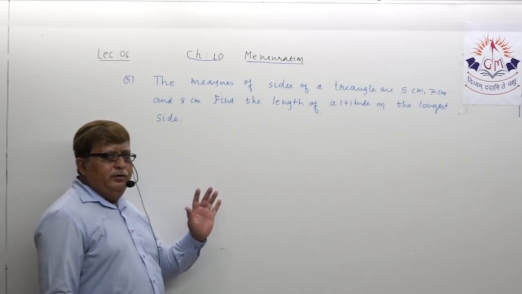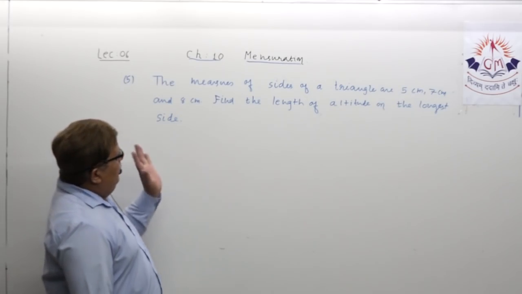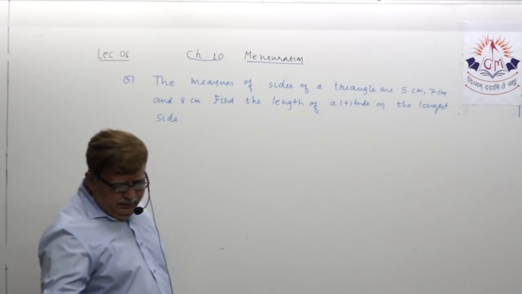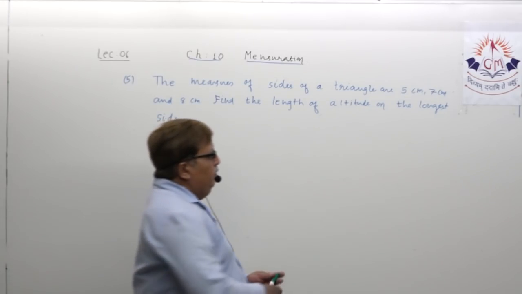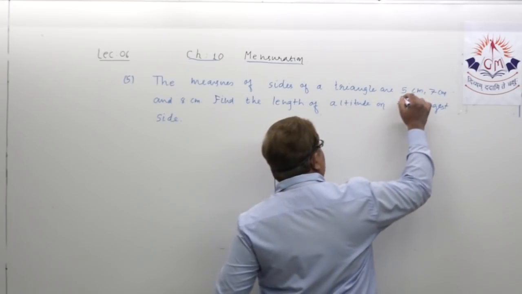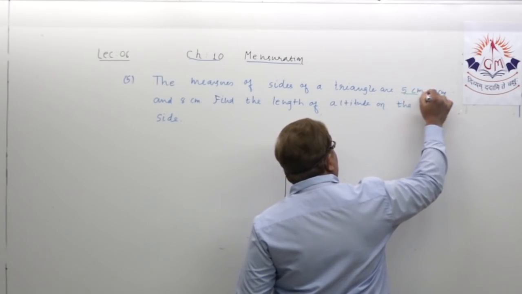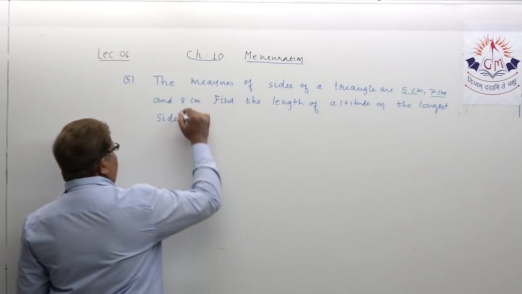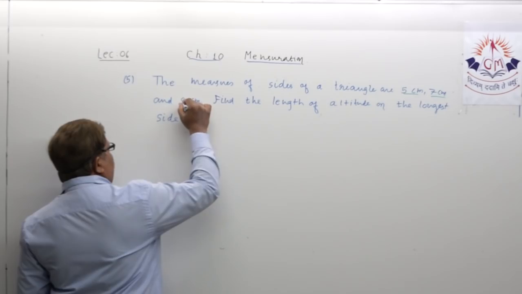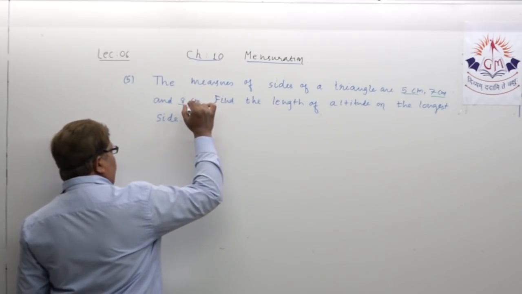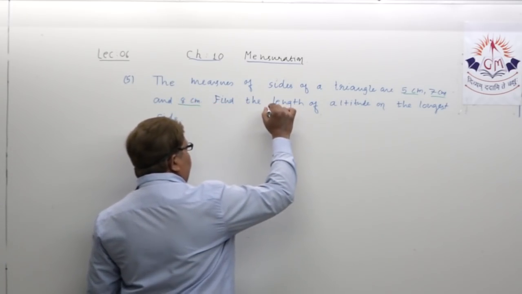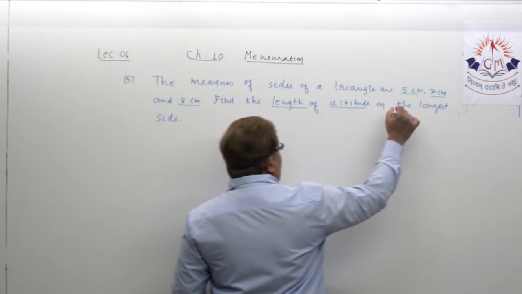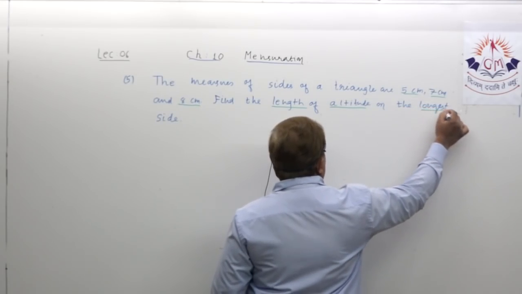So that way, suppose the question is given here. Such a simple question, nothing has been given. Measures of sides of a triangle are given: 5 centimeter, 7 centimeter and 8 centimeter, and you just have to find length of altitude on the longest side.